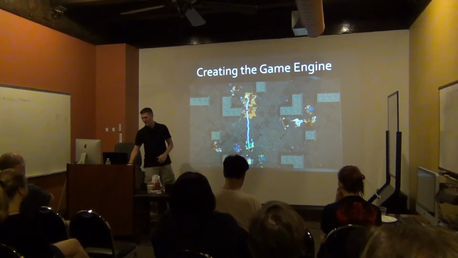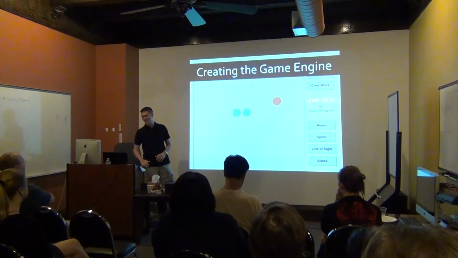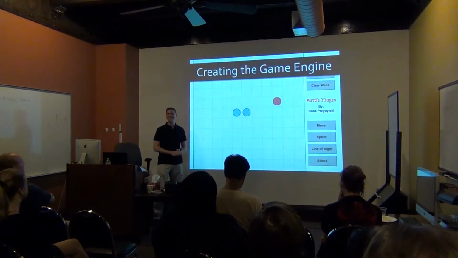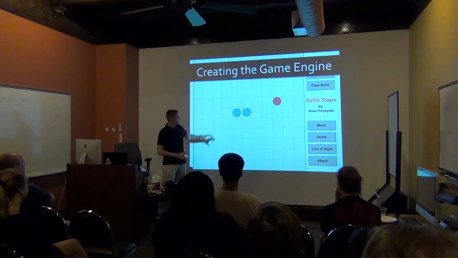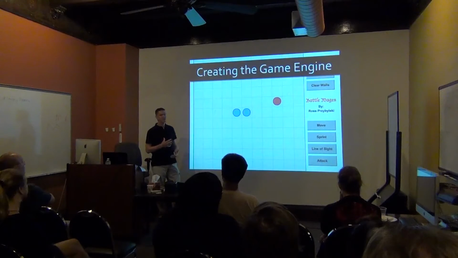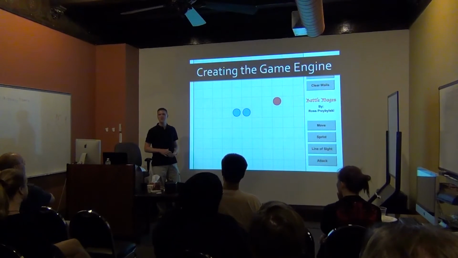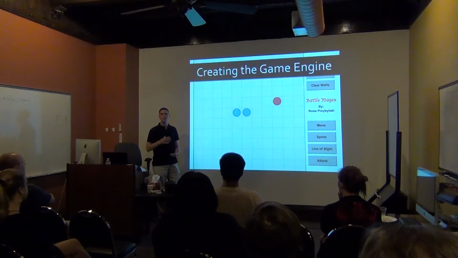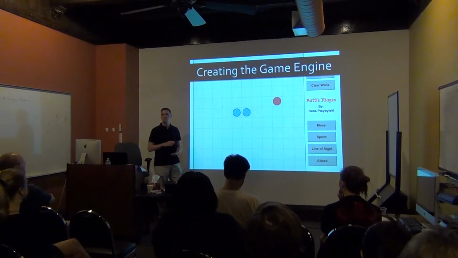So here's a screenshot of what my first Pyramid engine looked like. Not so impressive. You see a grid here, and you see these brightly colored circles. The way I approached the game engine construction, rather than think about things like units, models, animations, was to start with the core task.